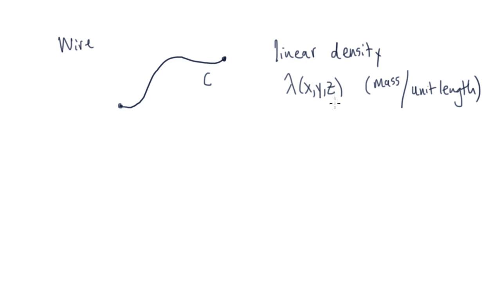But it is possible that this wire that's bent in this shape has a density that depends on where I am on the wire. Maybe it's more dense on one end and dwindles out and becomes less dense on the other end. Okay. So let's say I want to find the mass of this piece of wire.